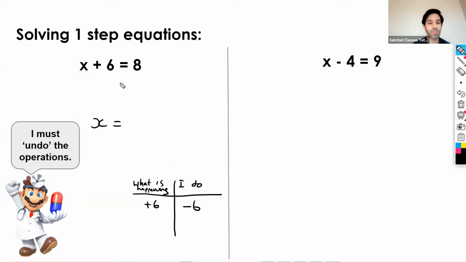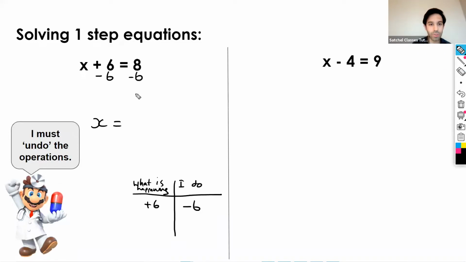So we would subtract 6 from both sides of the equation, and the sides of the equation are split by the equal sign. On this side, I'm going to subtract 6 to get rid of this addition of 6, and whatever I do to this side, I will have to do to the other side of the equal sign as well.